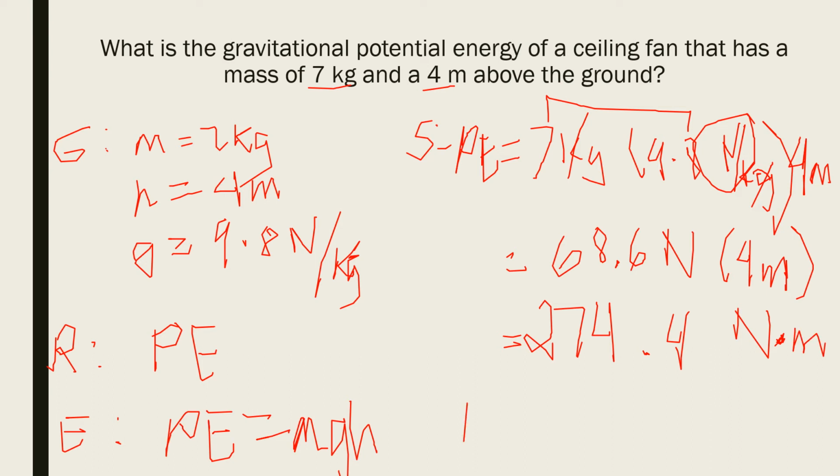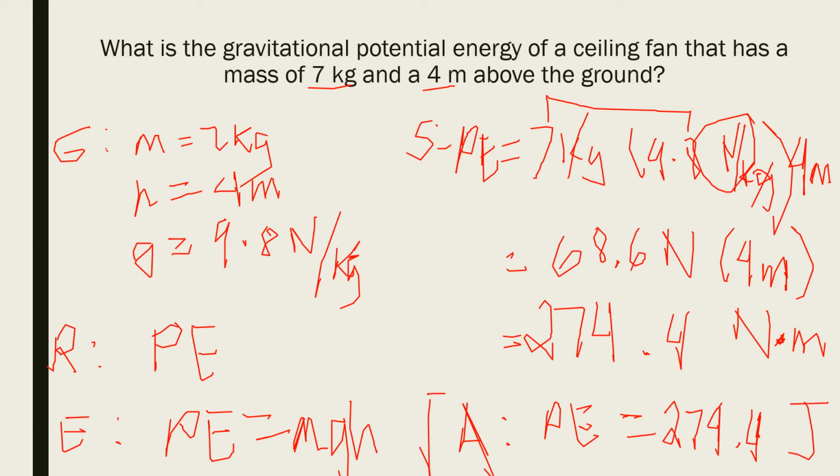So for our final answer, our potential energy is equivalent to 274.4 joules. Newton meter is also known as joules.